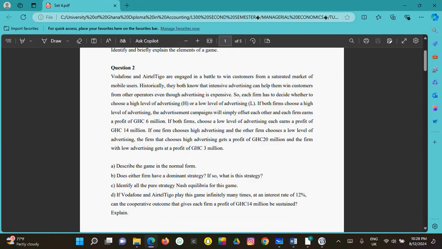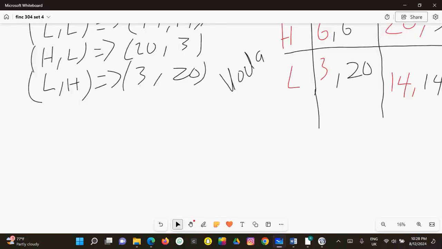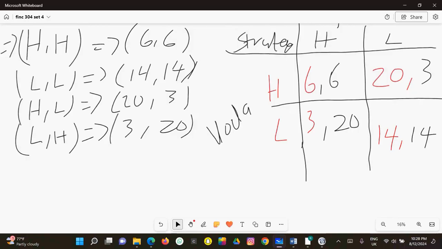Does either firm have a dominant strategy? All right. So in the previous session, we spoke about dominant strategy, which is a strategy that results in the highest payoff, regardless of what the opponent's action is.